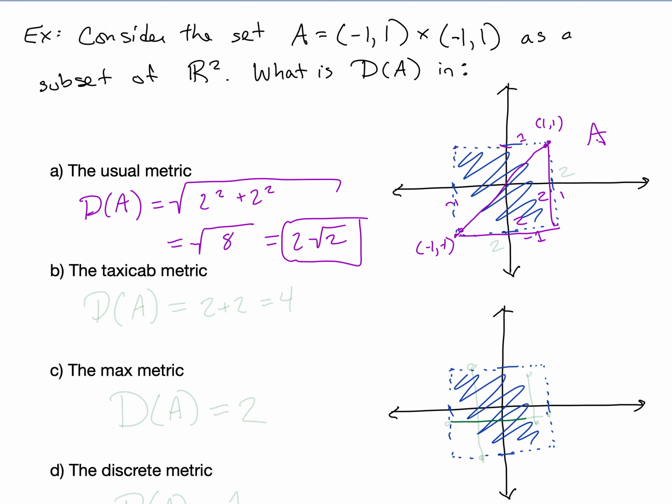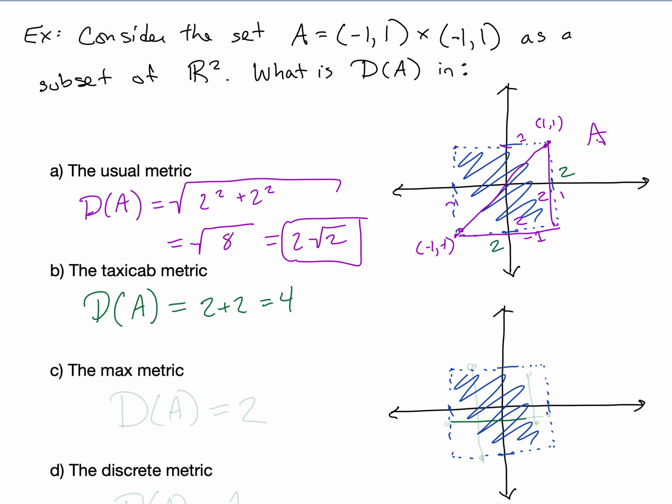How about in the taxicab metric? In the taxicab metric, we're only thinking about this Manhattan distance going along a grid. And so the diameter of this set, again, the least upper bound of distances between points in that set, is going to be 2 plus 2, it's going to be 4. So the diameter of this set in the taxicab metric is 4.